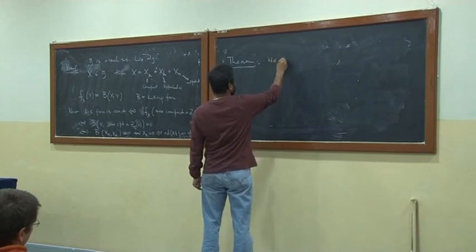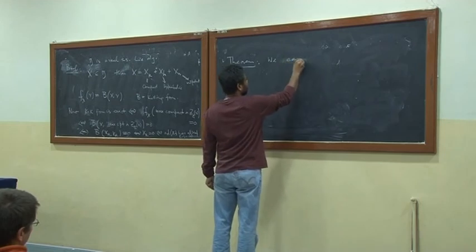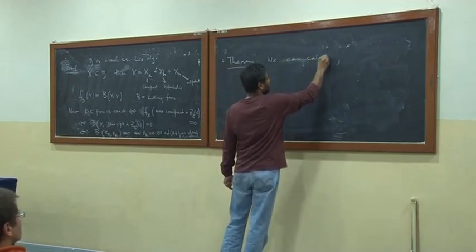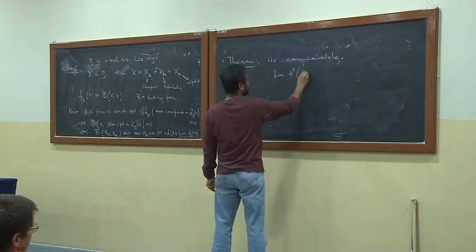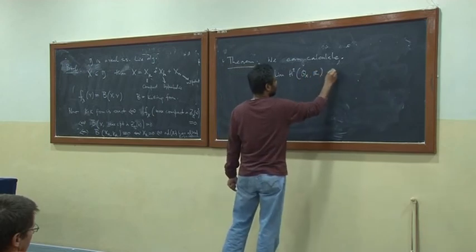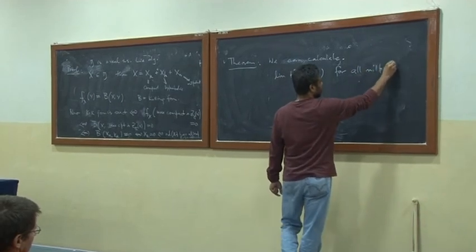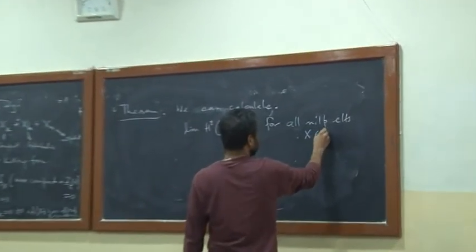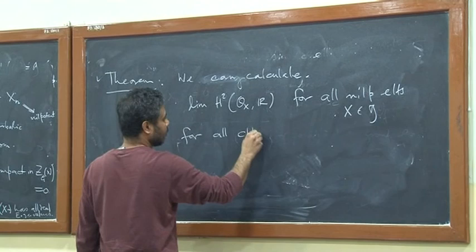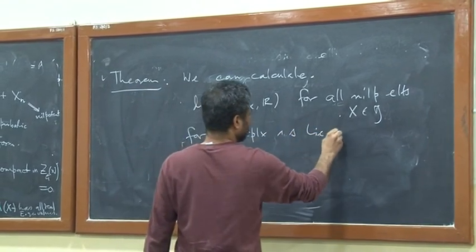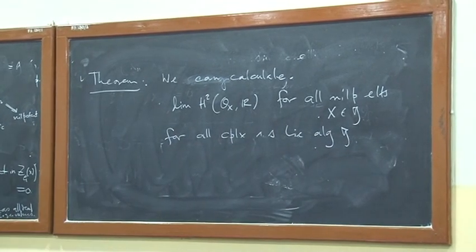The theorem gives the dimension of H^2 of the orbit O_X, for all nilpotent elements X in G, for all complex simple Lie algebras G. So the corollary is the following.